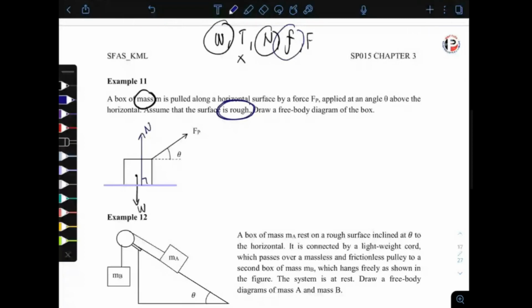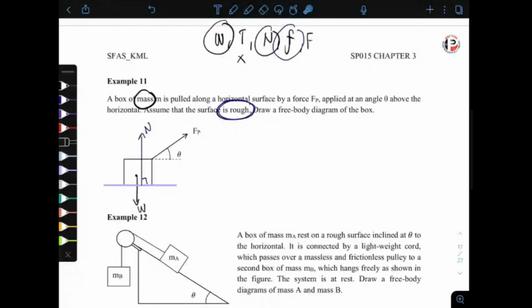Okay, kamu tengok, a box of mass M is pulled along horizontal surface by force Fp applied at an angle of theta above the horizontal. Kalaulah kamu tarik, pull an object, objek itu ada tendensi untuk bergerak ataupun tidak? Ada.